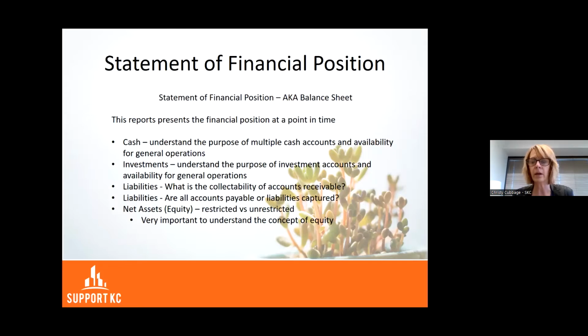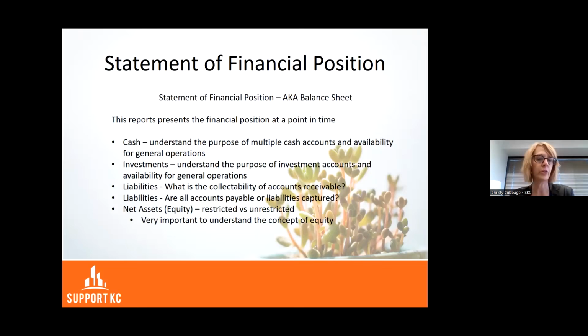So really being aware of what assets you have and whether they're going to need to be replaced, or if you have a $2 million building and you don't have a bank account that you're putting money in to service it, if the air conditioner breaks, how are you prepared to keep that building maintained if you don't have the cash to do it? Oh, every 5 years we have a capital campaign to fund some of the building. Great, now I understand it. So pay attention to fixed assets as well.